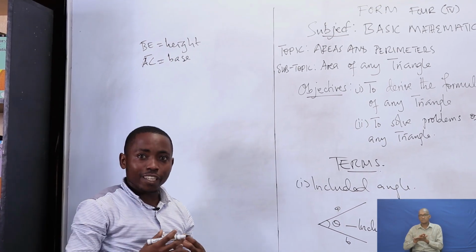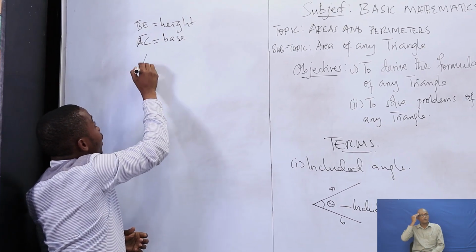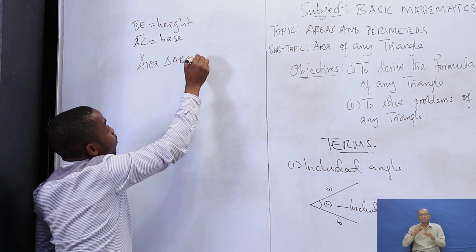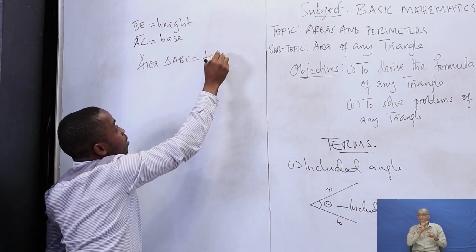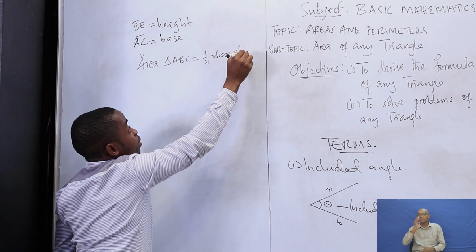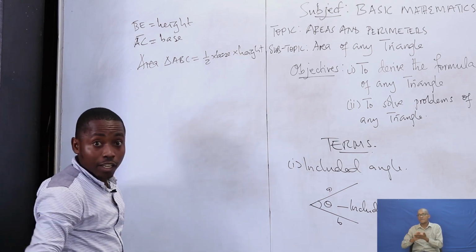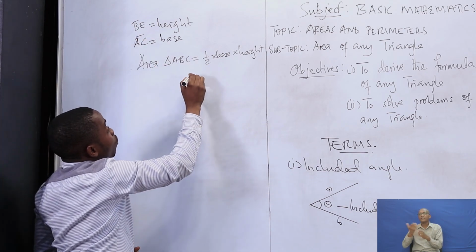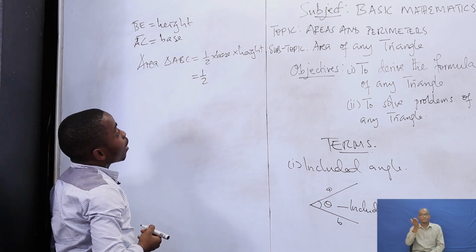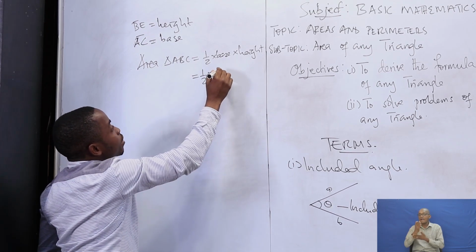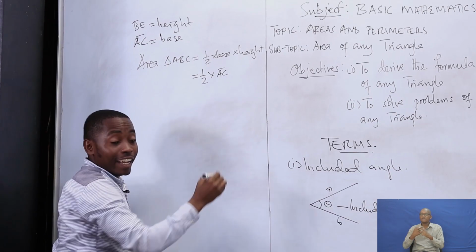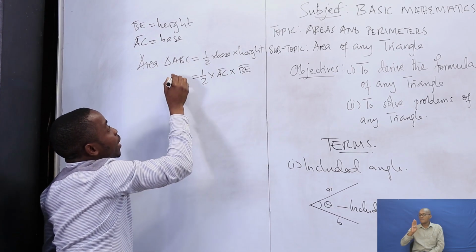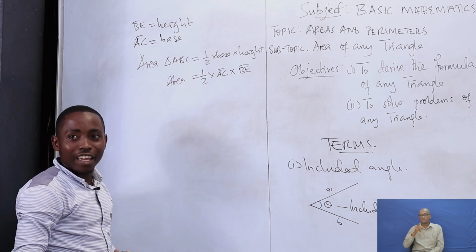So from the concept that we have, we know that the area of the whole triangle ABC can be obtained by taking a half times base times height. But how can we get that? By using these symbols, we find that it is a half times base. Our base is side AC, and the height is BE. We can say that this is our area of triangle ABC.